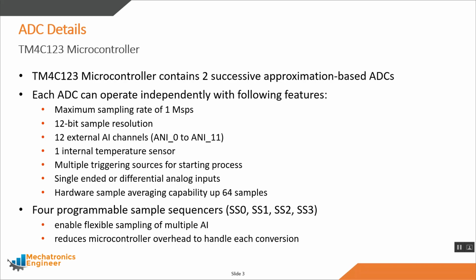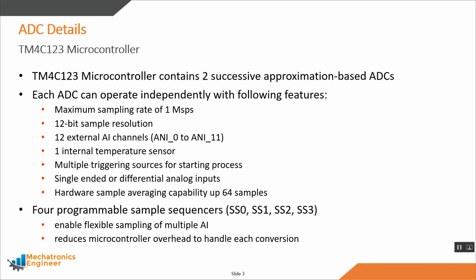However, the sample sequencer-based architecture of the TM4C123 microcontroller enables the software to configure up to 4 different sampling sequences with separate custom configuration. The use of sample sequencers in each ADC module makes the sampling of multiple analog inputs quite flexible and also reduces the processor overhead.